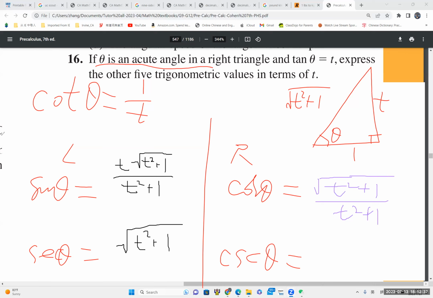Okay, let me see. Sine theta. Yeah. Okay.